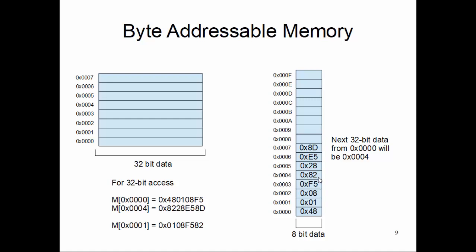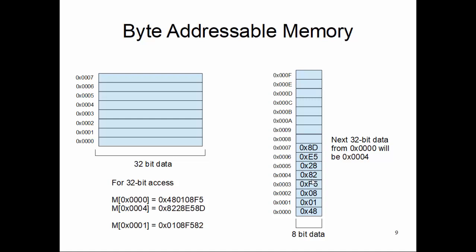It will send an interrupt, halt the process, and so on. Those things are still there, but right now we are making our life simple, assuming we can access a word from any address. So if we access it from address 1, it will be 4 bytes from that address in increasing order: 01, 08, F5, 82. That's the content I'm going to access.